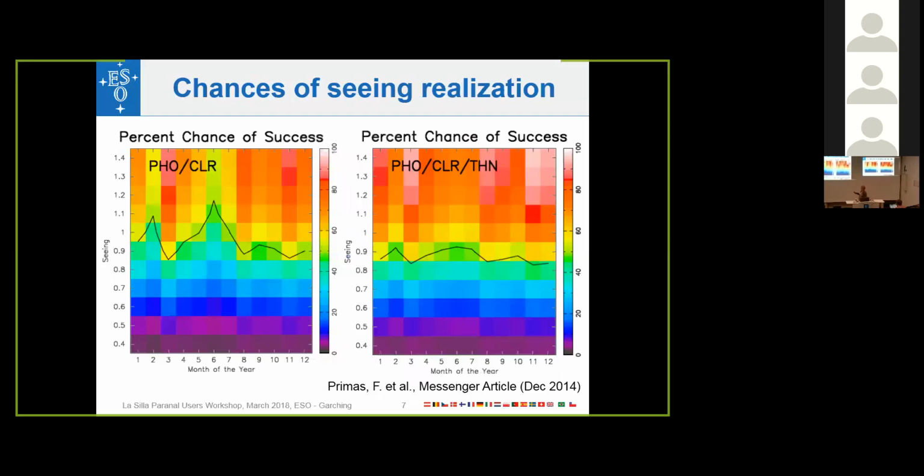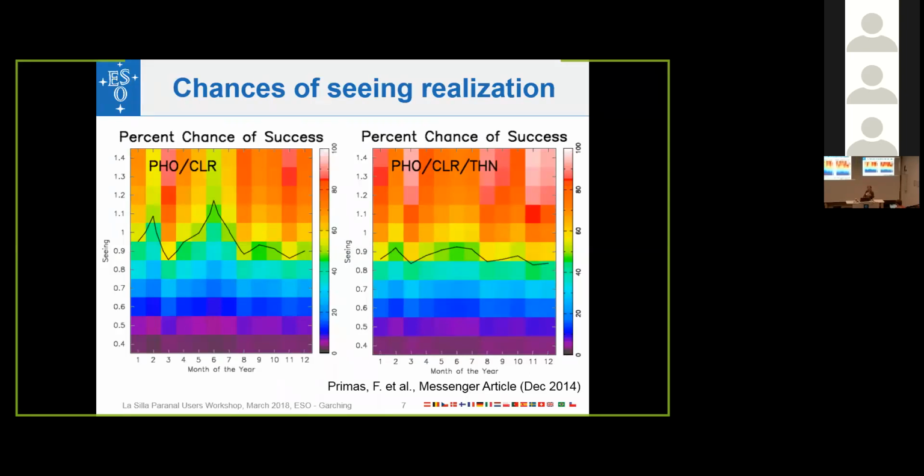For example, if you need for your science case a seeing of 0.6 arc-seconds and clear or photometric conditions, then you can read from the plot that this condition typically occurs 20 or at most 30% of the time, which is a very low probability, right?